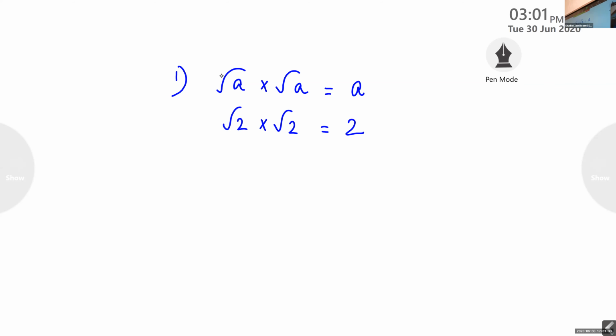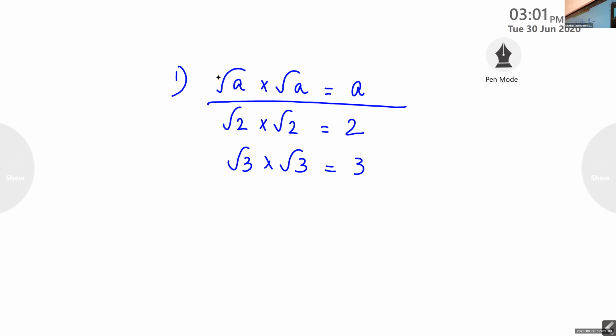Another example is root 3 into root 3 equal to 3. This we studied when we studied the multiplication of irrational numbers. So this was the first rule: root a into root a equals a.